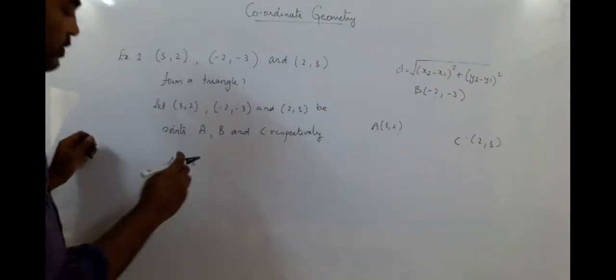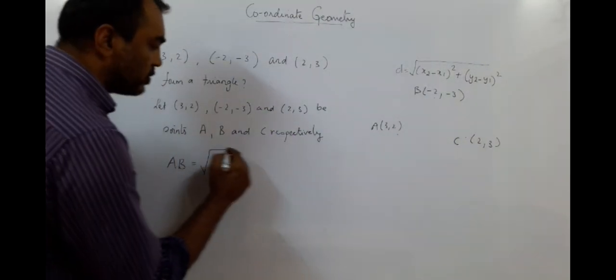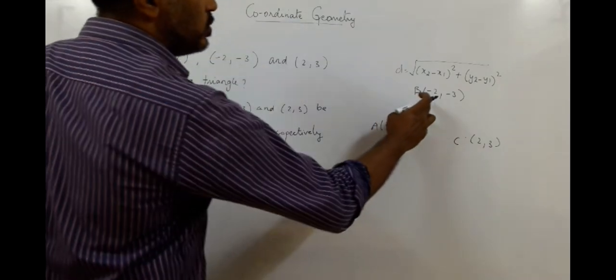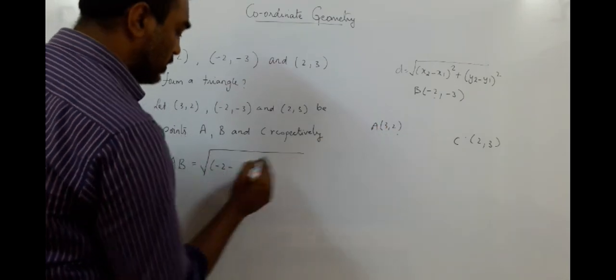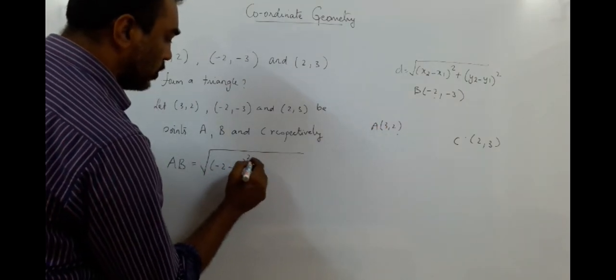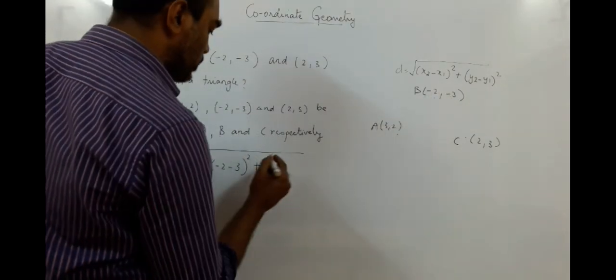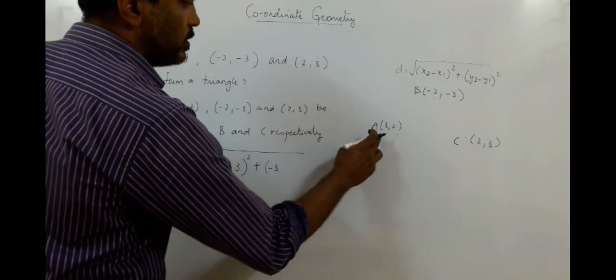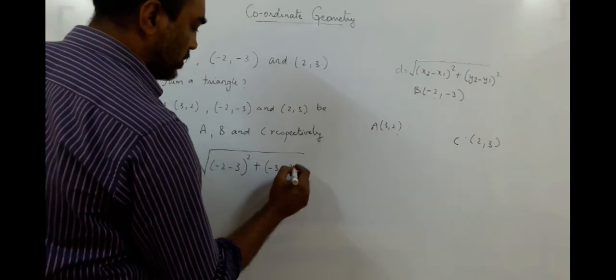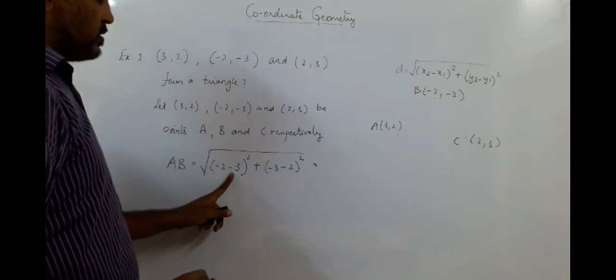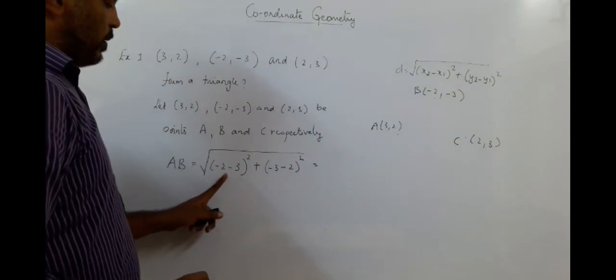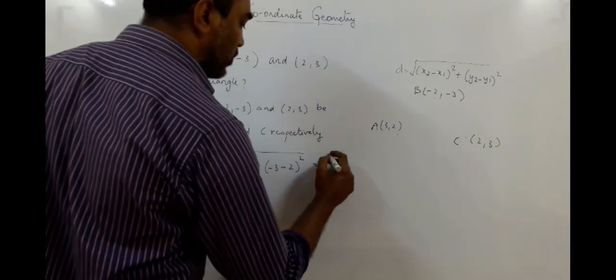So then the formula is now written as what? x2, so I call this minus 2, minus x1, that is 3, the whole square, plus y2, minus 3, minus y1, 2, the whole square. So what is this? Minus 2 minus 3 is minus 5. Minus 5 the whole square is 25.